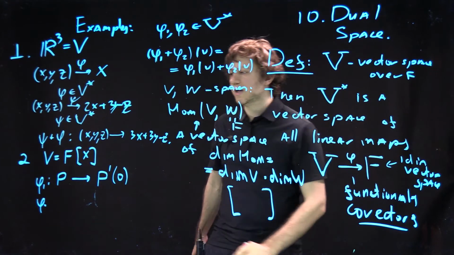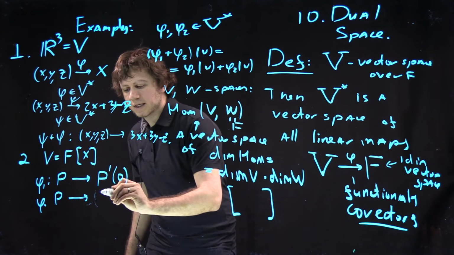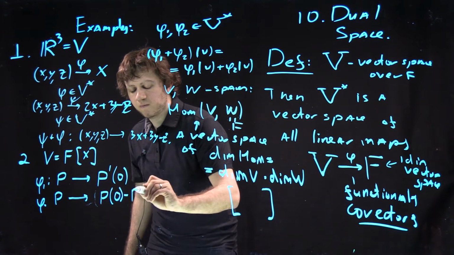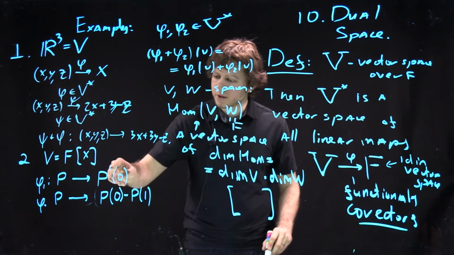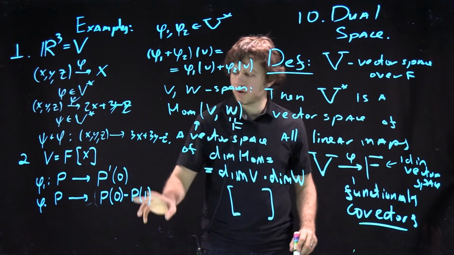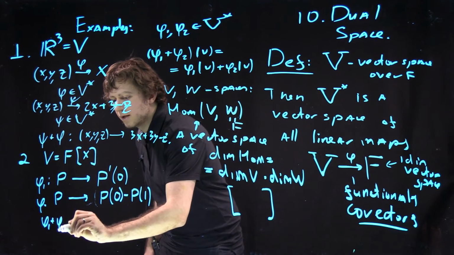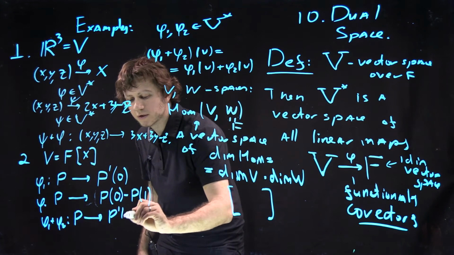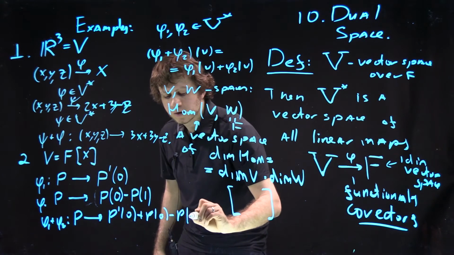Or say you can take a polynomial p and send it to p of 0 minus p of 1. And you see that these are linear maps. If you add two polynomials, these numbers will add up. And for instance, you can take phi1 plus phi2. It does something weird. It takes a polynomial and sends it to the derivative at 0 plus p of 0 minus p of 1.